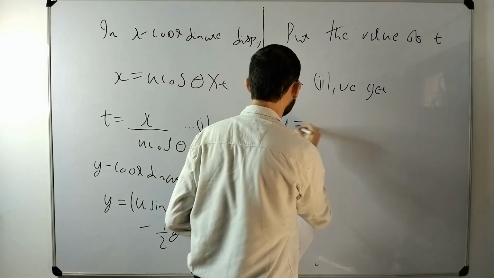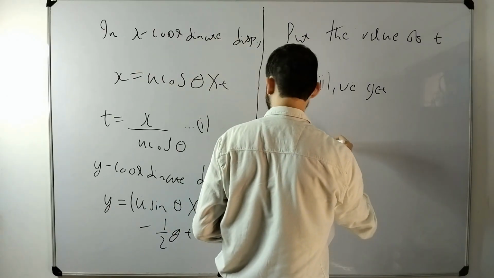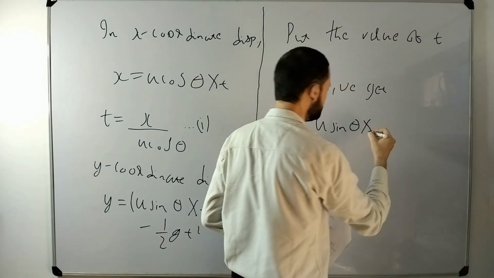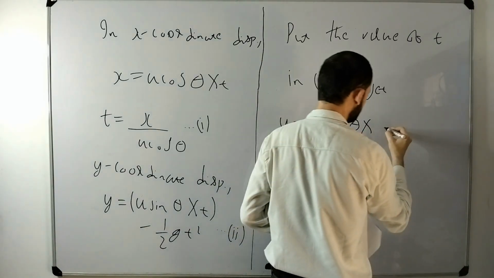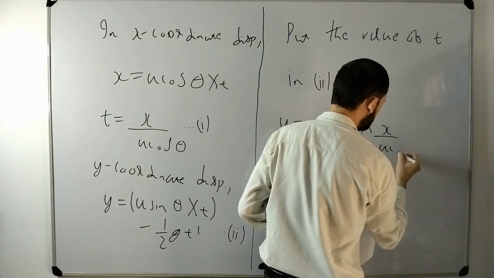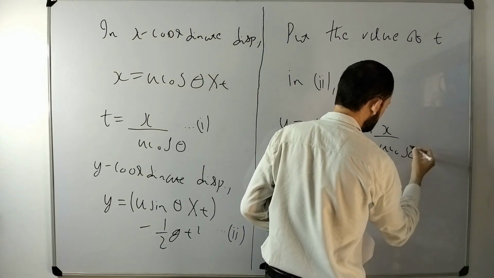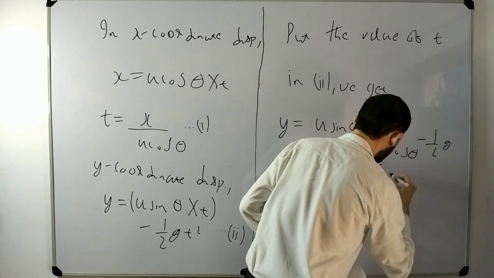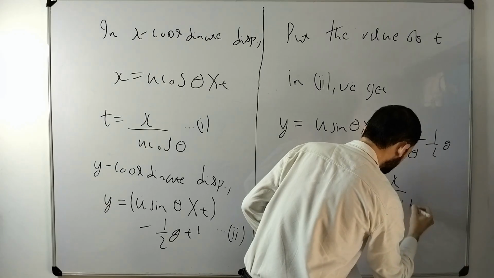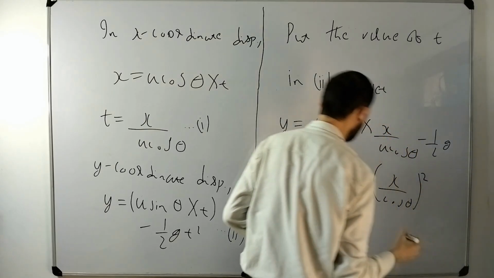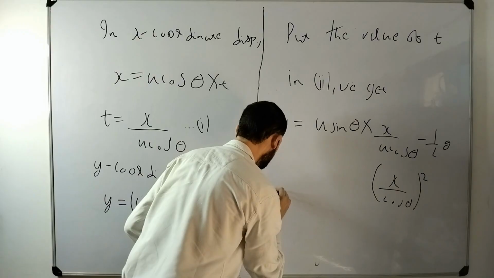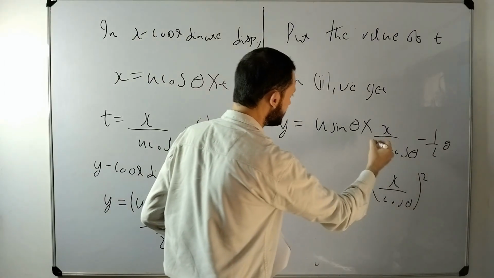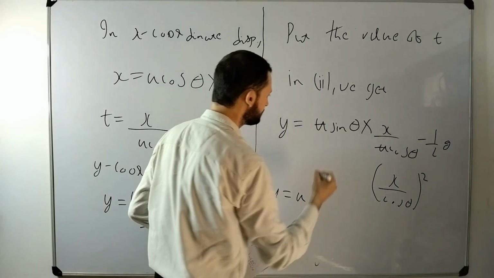So y is equal to u sin theta, and this is x over u cos theta, and this is minus half g, and this is x over u cos theta whole square. Right, students? Then in the y equation u gets divided, yes, what you are saying is perfectly right.